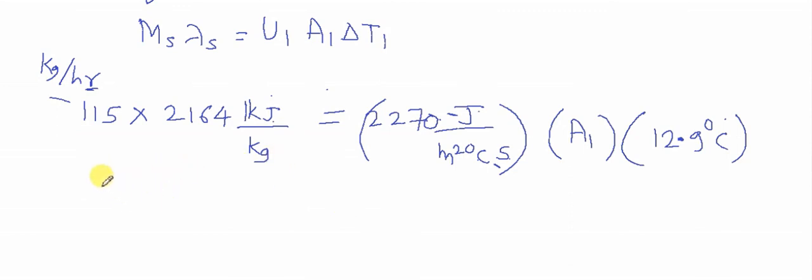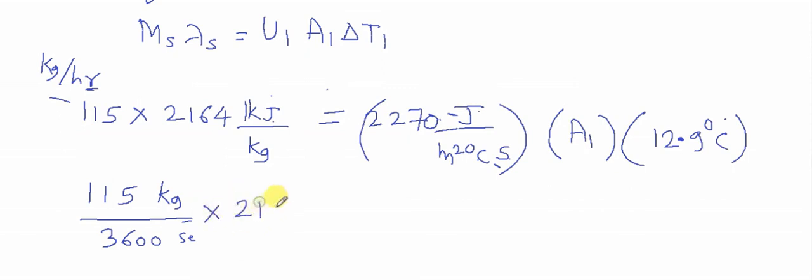How to do that? Here we want 115 kg per second, so I just write 3600 seconds, into 2164 into 10 raised to 3, so I get joule per kg. Here kg gets cancelled, and I get the unit joule per second.